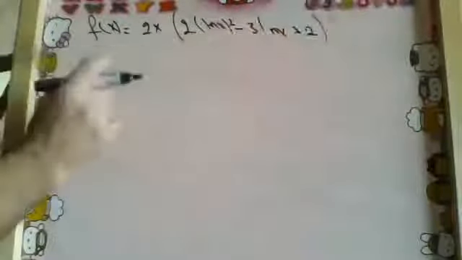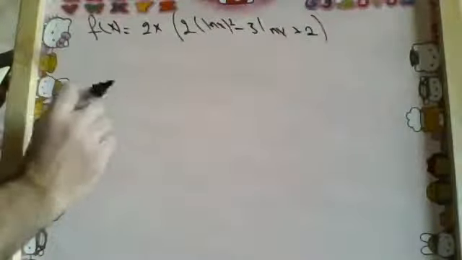We were solving f of radical e, and we reached part 2. f of x is equal to x into 2 ln x squared minus 3 ln x plus 2.